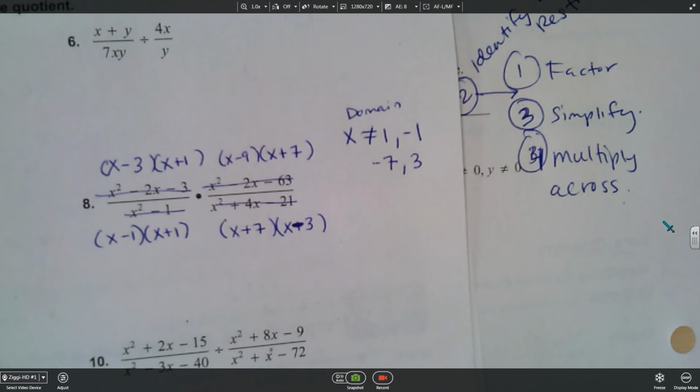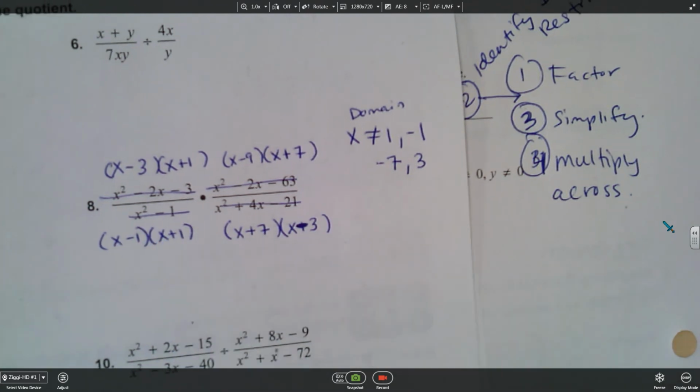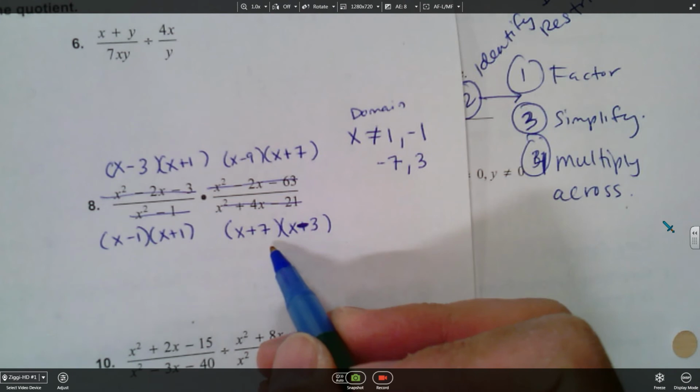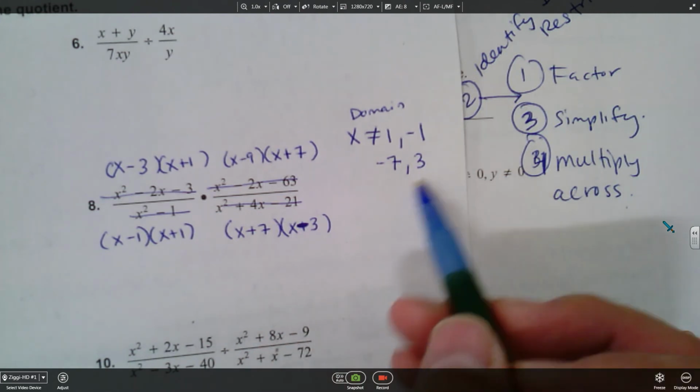I like to list my domain restrictions because right when you're done factoring, you're able to identify them easily. They are the values that make your denominator 0. They're still going to be open dots even if they cancel out, so you can't use those. So you want to state it right away.